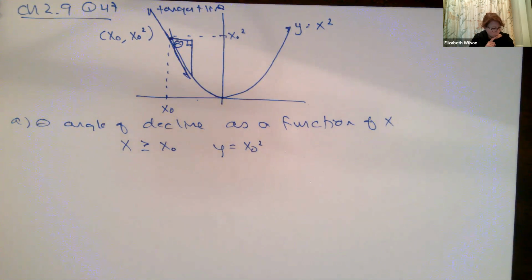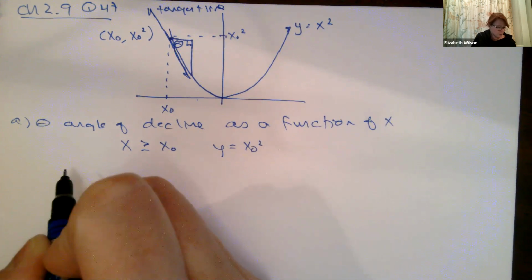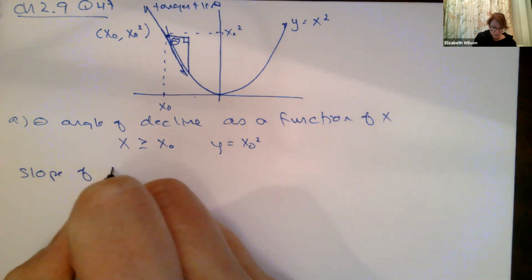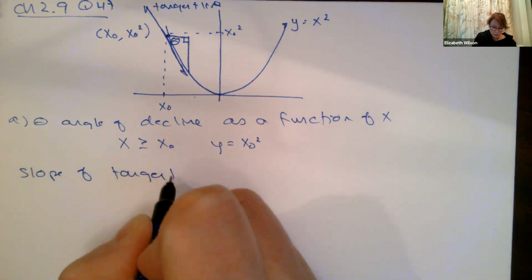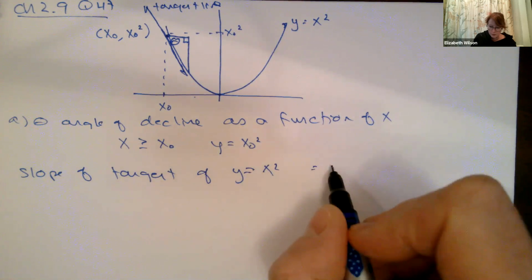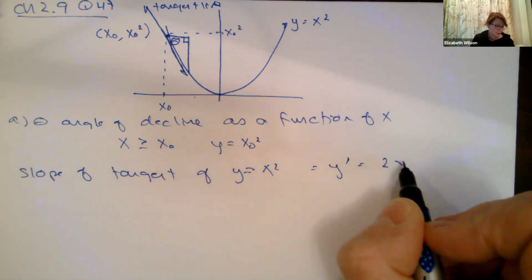Okay, so the slope of the tangent line of y equals x squared is our derivative, which is 2x.